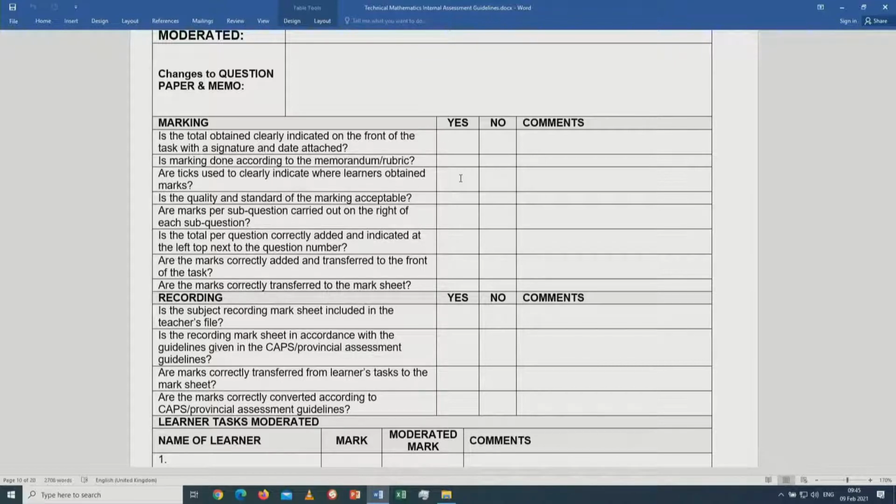And every time you see something new that is written by your learners, you must immediately look at what the learner is saying. Once you see that the learner is writing something that is not in the marking guideline, have interest to check the thinking behind the solution. Otherwise, you'll find out the learner is right, but because it is not in the memo and you are not even interested to look at it, you give the learner 0. Learners were so disadvantaged in terms of marking.